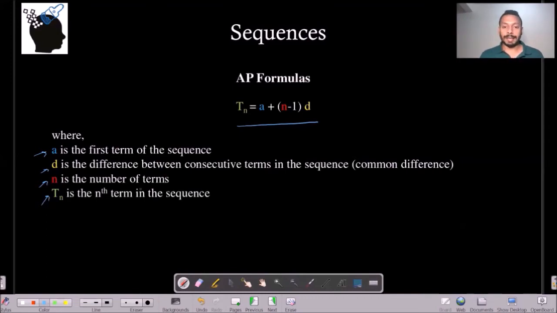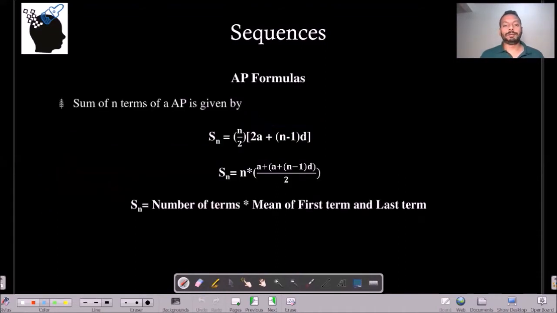Now remember that n doesn't have to be the last term. Whatever term you need to find, let's say you want to find the 8th term, then T8 will become A plus 8 minus 1 times D, or nothing but A plus 7D. Right? So remember this formula to find the nth term of an arithmetic progression.